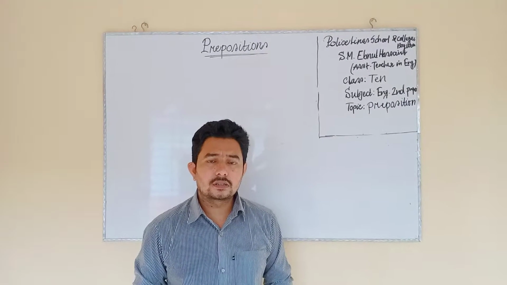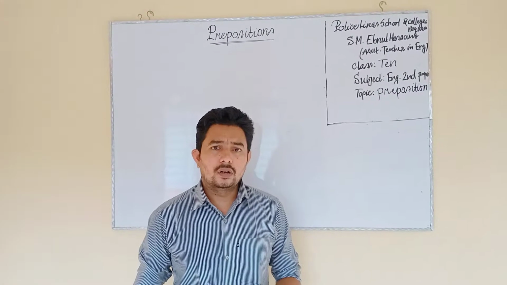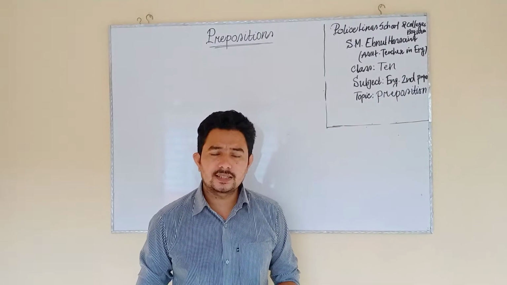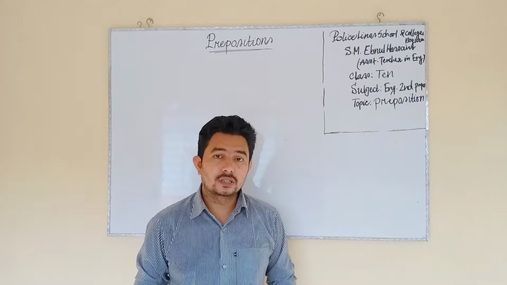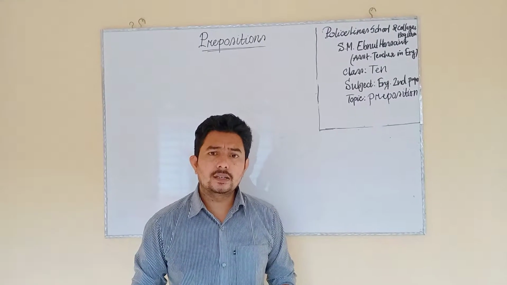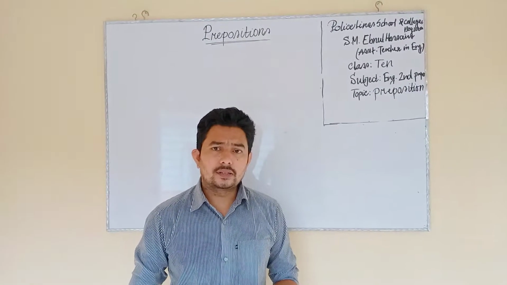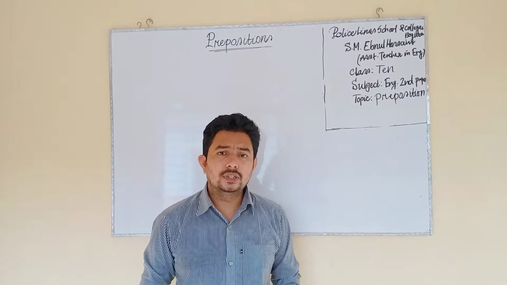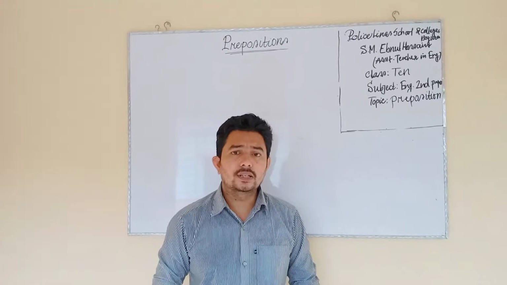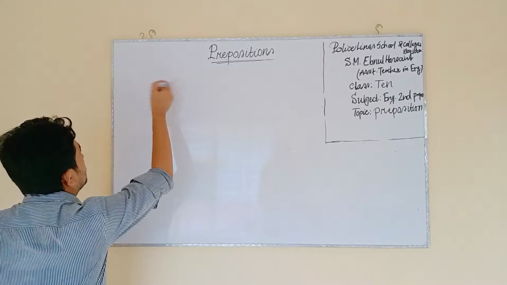Simple preposition means in, at, of, under, which is only a single word. But double preposition, or complex preposition, means in association with, in lieu of, with a view to, and suchlike. Okay, let's get started. First, we will learn what a preposition is.